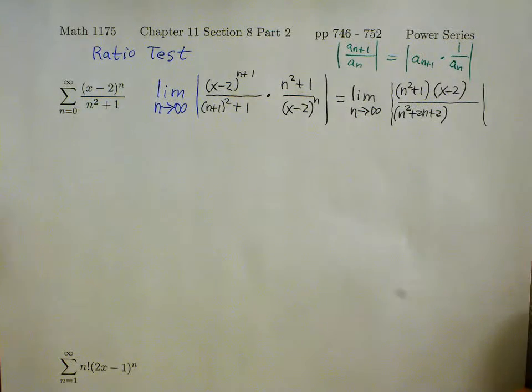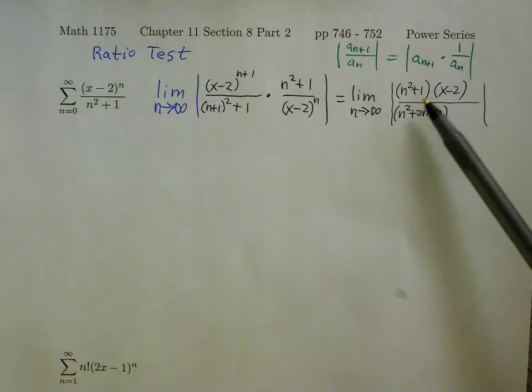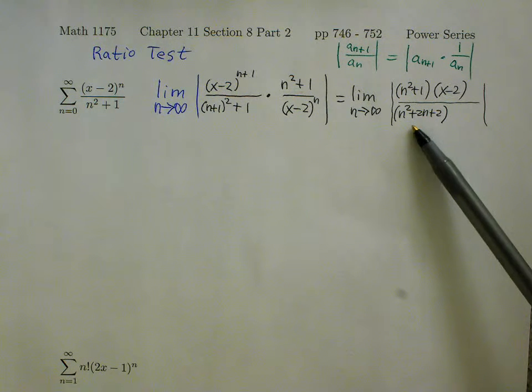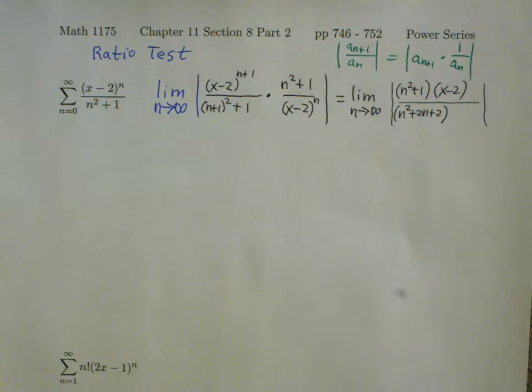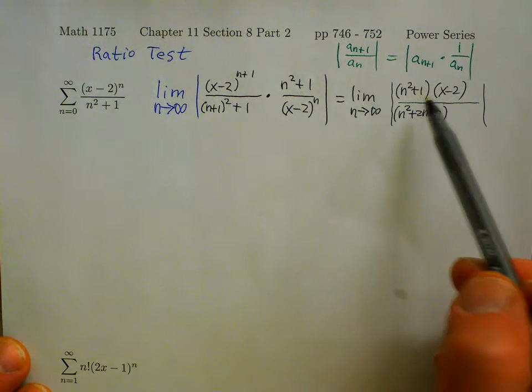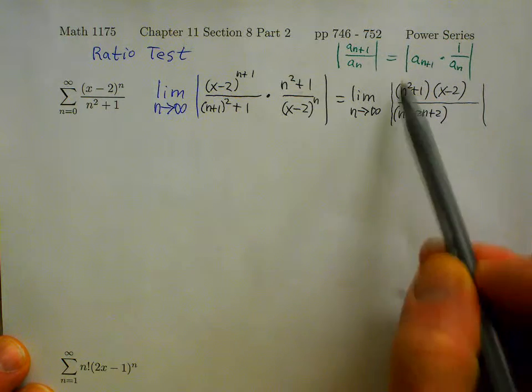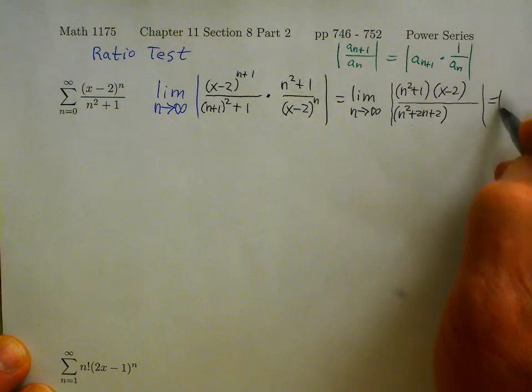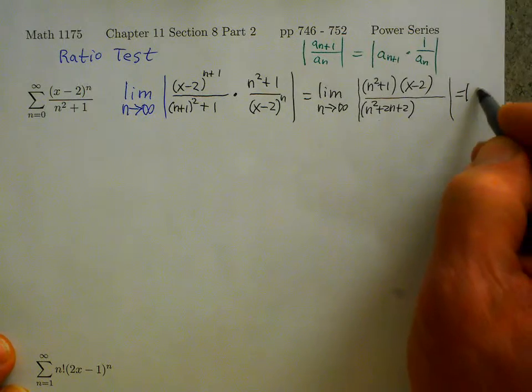And now we can compute the limit. We know what the limit of n to the second plus 1 over n to the second plus 2n plus 2 is. It's equal to 1. And so this limit is the absolute value of x minus 2.